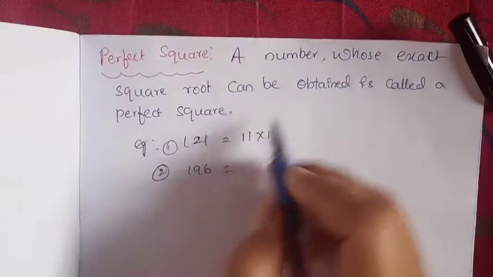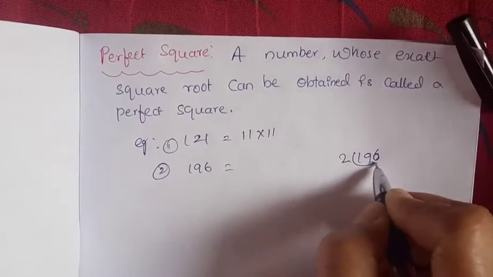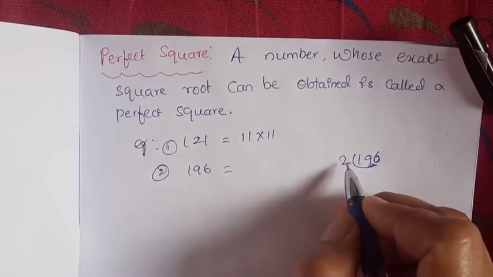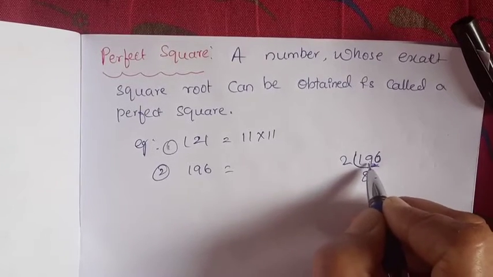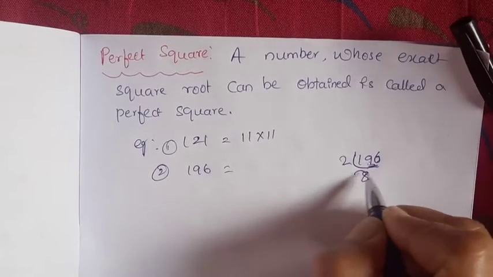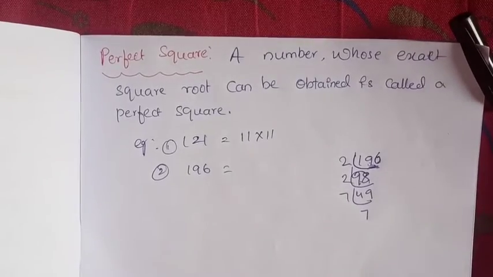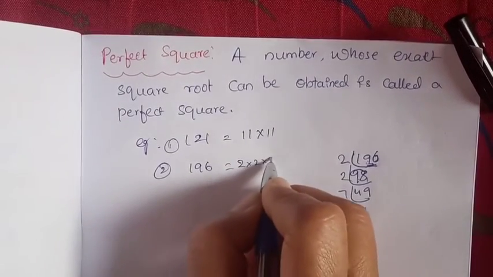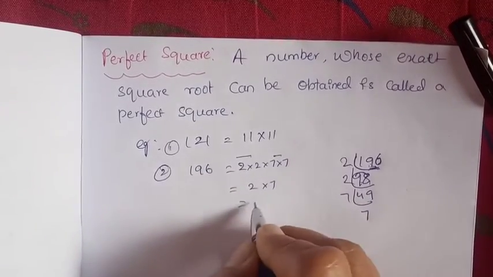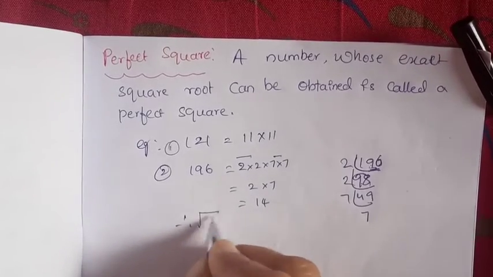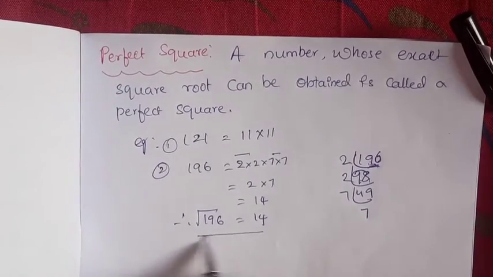Convert 196 using the division method with the least numbers: 2 into 2 into 7 into 7. So 2 into 7 is 14. That means the square root of 196 is equal to 14. This is called a perfect square.